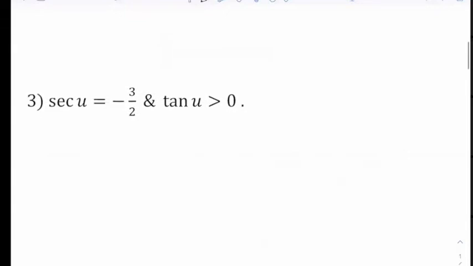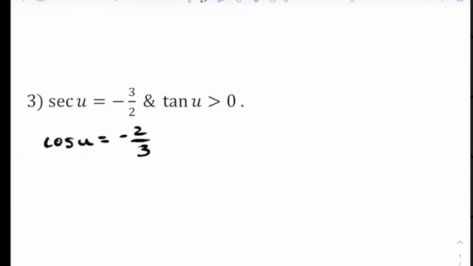So for number 3, we're told that the secant of u is equal to -3/2, which we can then use the reciprocal identity to say that the cosine of u is equal to -2/3. Okay. Now, from there, we're told that the tangent of u is greater than 0.